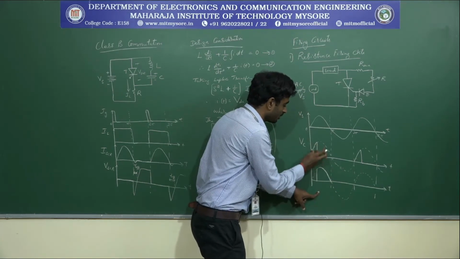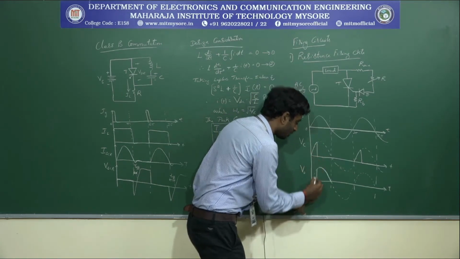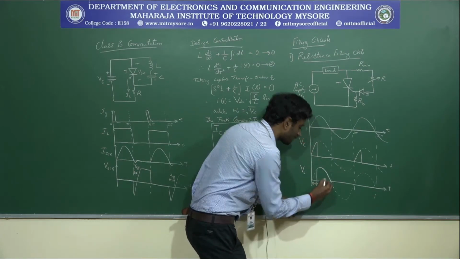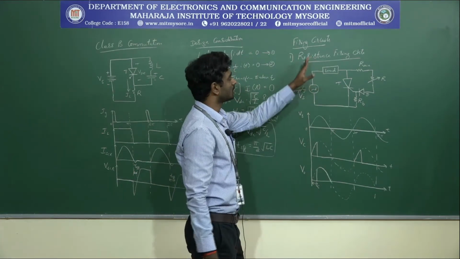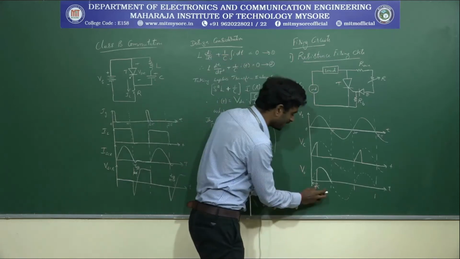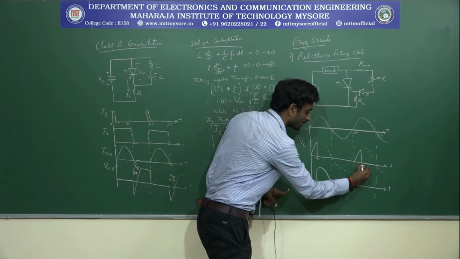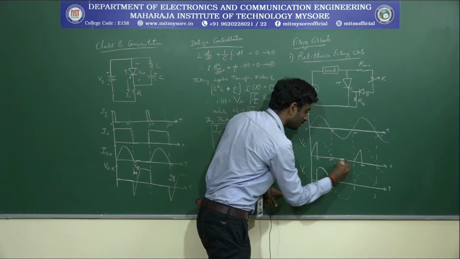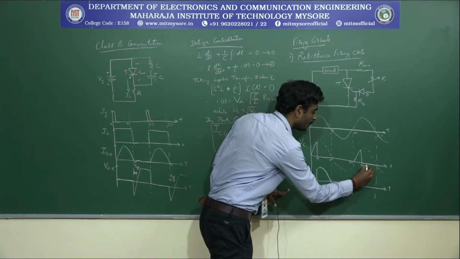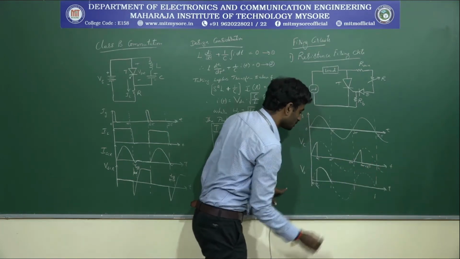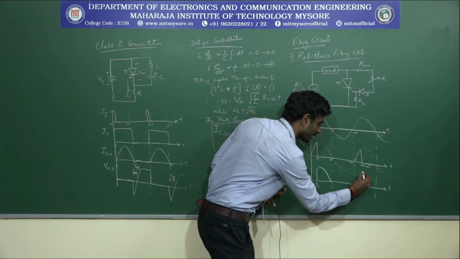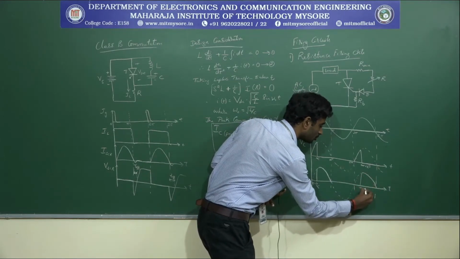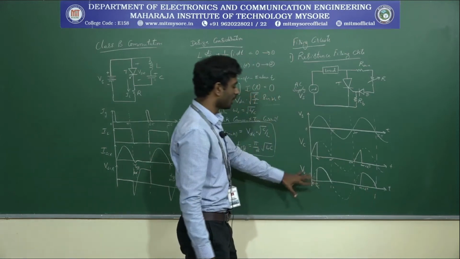So this will be the triggering time. I will consider it as alpha, the time required to trigger your circuit. So this will be the firing angle. Then it will be alpha plus 2 pi, and similarly again alpha plus 2 pi. This will be your output voltage.